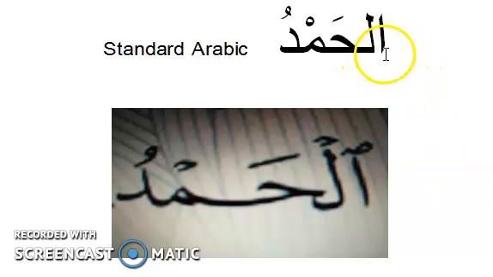Alhamdu, this alif lam, the first two letters, is al, which means "the". When we write it in standard Arabic, we don't put any marks on the top of it or under it. There are no marks.